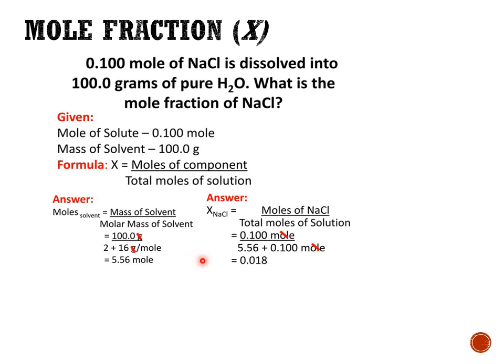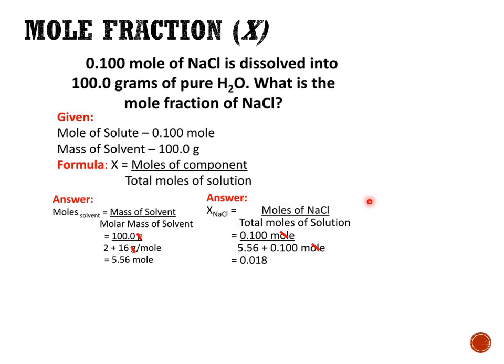That would give you 2 plus 16, 18 gram per mole. So, 100 grams divided by 18 gram per mole would yield 5.56 mole.